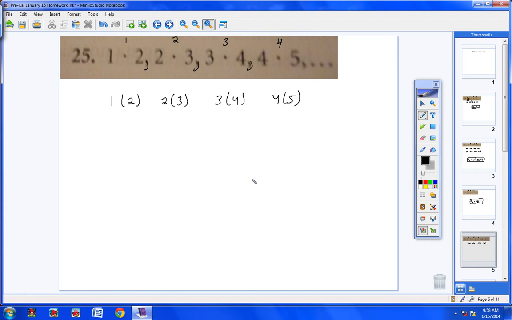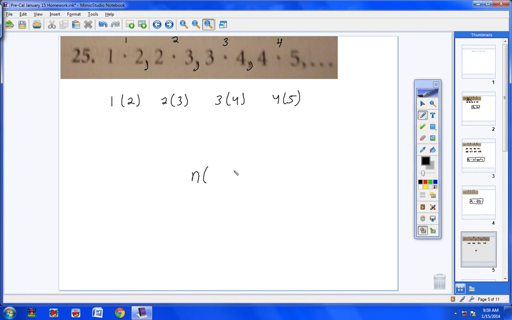Okay? Now, can I show you something? Notice how the outside numbers go 1, 2, 3, 4. And notice how there's a 1 here and a first term here, a 2 here and a 2 here, a 3 here and a 3 here, and a 4 here and a 4 here. So because of that, that tells me right away I'm going to have an n.